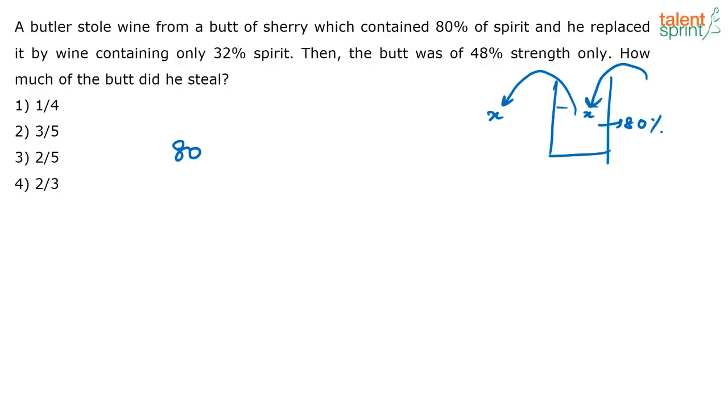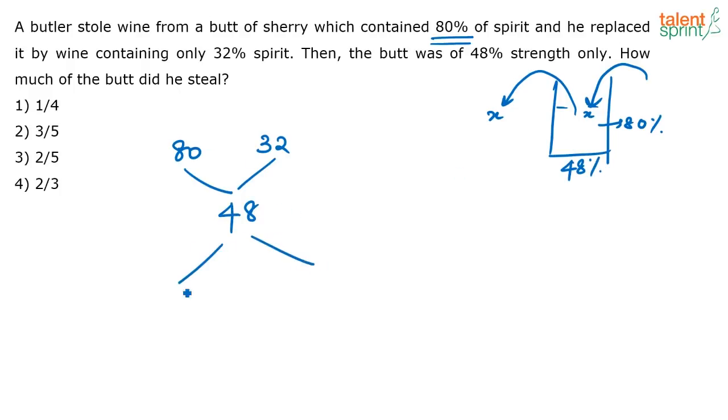Now when this process happens, the net strength of the spirit in the container becomes 48%. That's what they have said. So earlier the spirit strength was 80%, and then he has mixed it with something whose strength is 32%. When he does that, the net strength of spirit in the mixture is 48%.